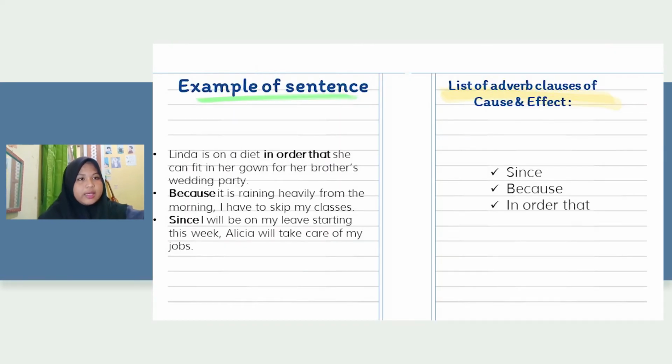Linda is on a diet in order that she can fit in her gown for her brother's wedding party. 2. Because it's raining heavily from the morning, I have to skip my classes. And last, 3. Since I will be on leave starting this week, Alicia will take care of my jobs.